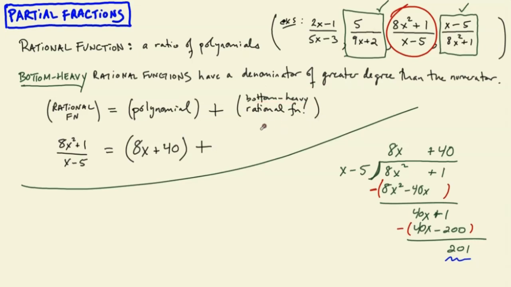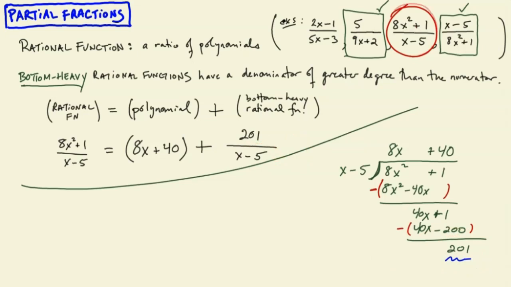Analogously, this bottom-heavy rational function is going to have a denominator equal to the original denominator, namely x minus 5. What goes upstairs? Well, it has to be something whose degree is lower than the degree of the denominator. So it has to be degree 0, a constant. What constant will that be? Well, of course, that is our remainder, which is 201. And lo and behold, we have done it.